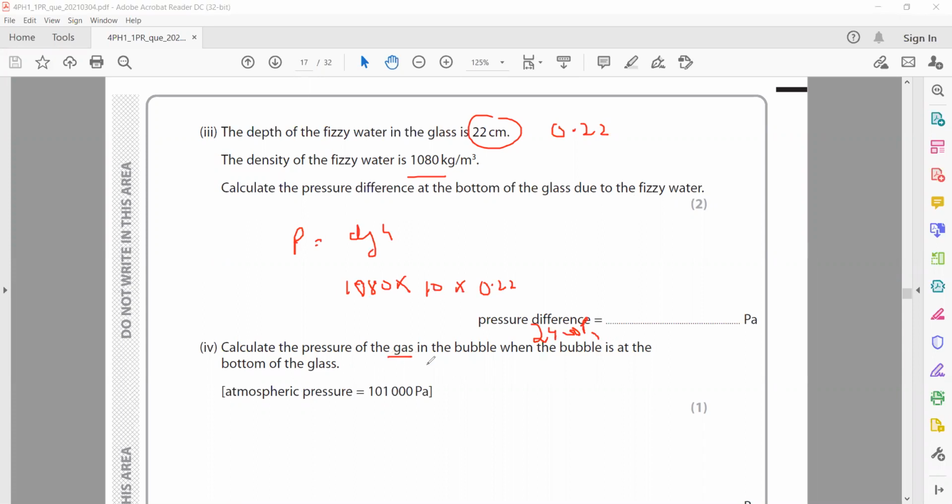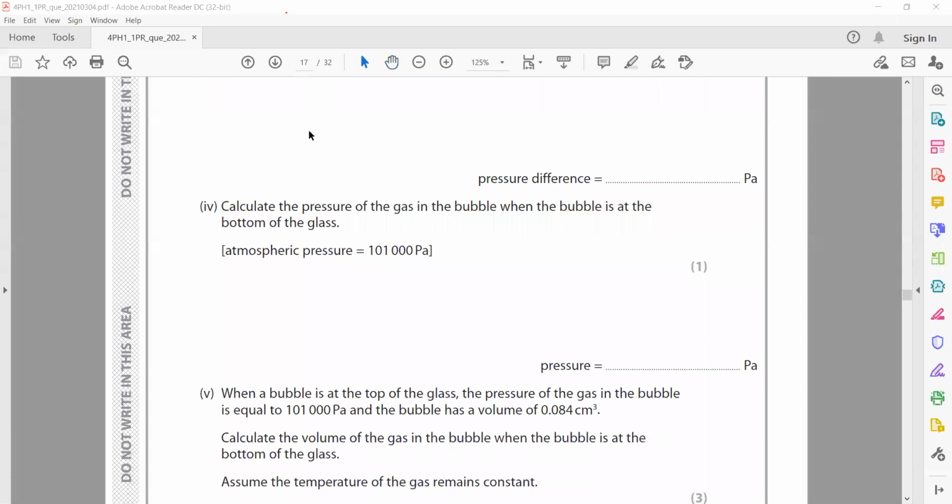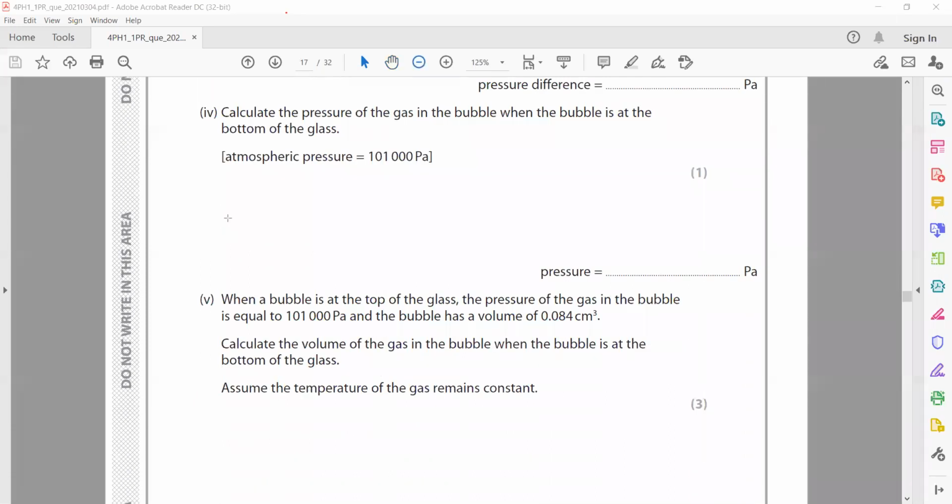Calculate the pressure of gas in the bubble when the bubble is at the bottom. So basically when it is at the bottom, the total net pressure is due to atmosphere plus liquid. As it is inside the container, there is a pressure due to the liquid and there is a pressure due to atmosphere. So we'll just sum them.